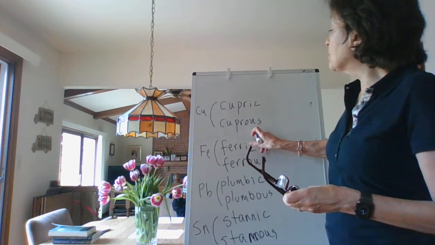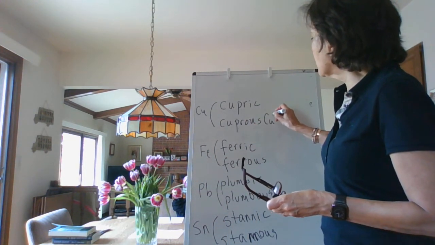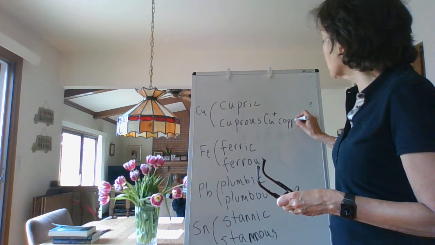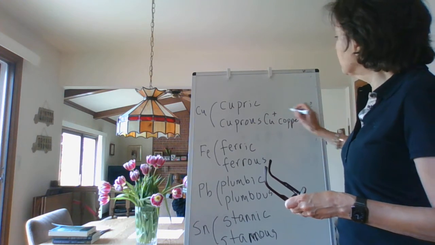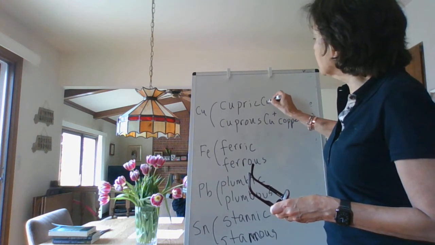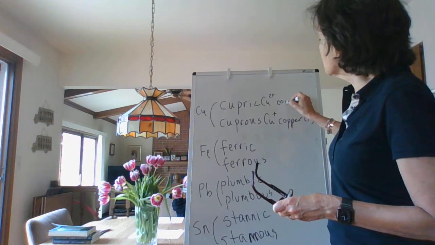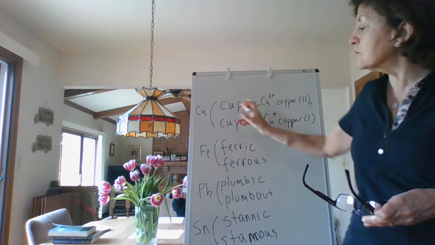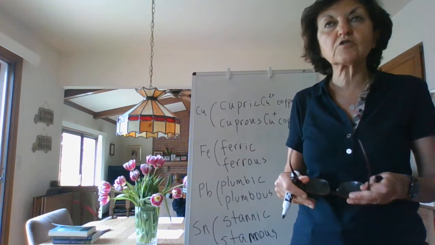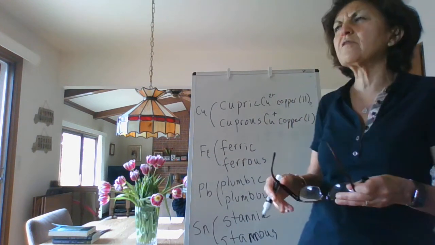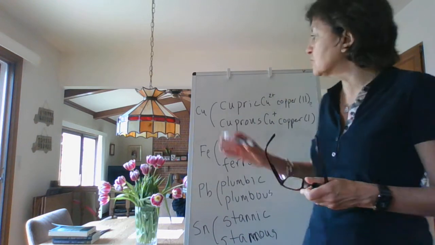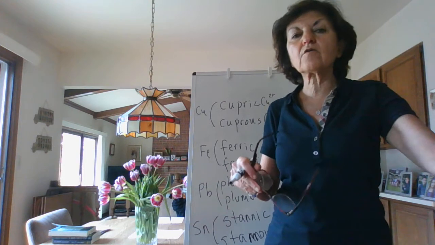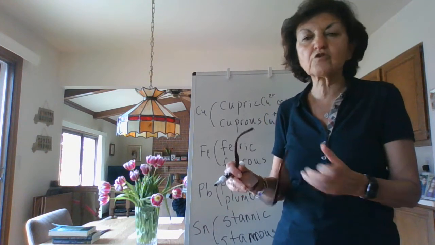So cuprous is copper +1, which in modern terminology would be copper Roman numeral 1. Cupric is copper +2, and in modern terminology it would be copper Roman numeral 2. So you need to know these terms, especially these. I don't know if there are others that I need you guys to know, but you should know these ones. Always know that the -ic is the higher charge and the -ous is the lower charge.